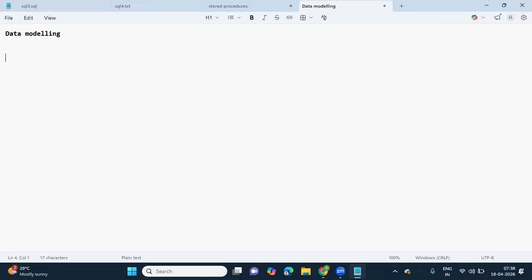If you are working for that Amazon client, you need to store their data in an organized manner, which helps us to query the data efficiently and also build the reports efficiently. How is that possible? That is possible through data modeling.